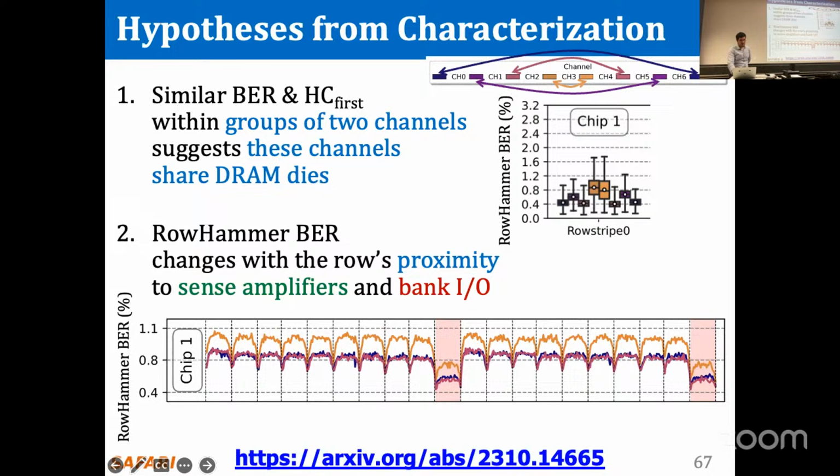As for the bit error rate being very low in 2 subarrays, we have 3 different hypotheses in the paper, but the most likely one, I think, is that these subarrays are at the end of the bank, so you cannot actually replicate the data pattern in the same way as you would in other subarrays.